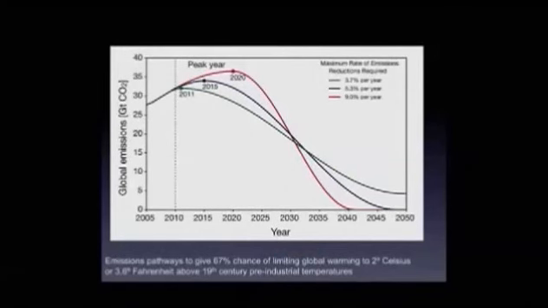The more there are of an important gas like CO2, which is by far the most important man-made gas, the warmer it gets. So what these curves have in common is that the area under them represents the amount of CO2 such that you'd have a 2 out of 3 chance of limiting global warming to 2 degrees Celsius, which is 3.6 Fahrenheit, above what it was in the 1800s.